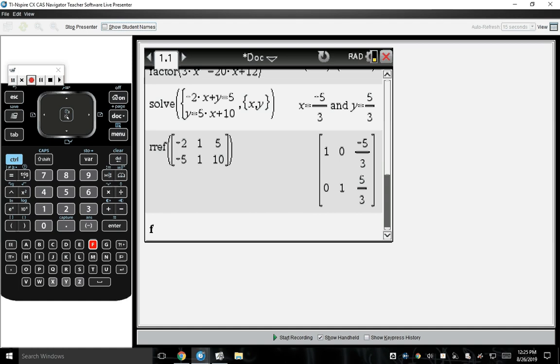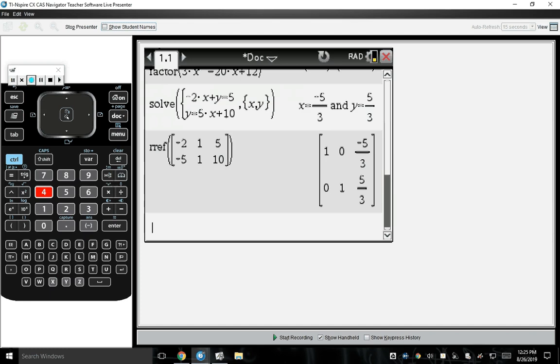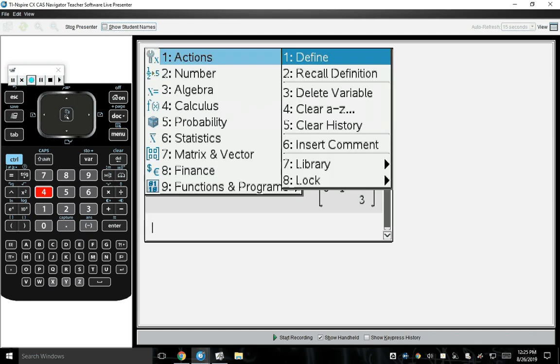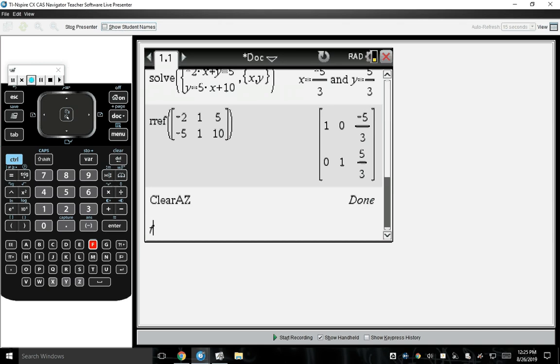And it's bolded because it's saving, or it's already saved. So if I want to take off all and clear all storage, menu 1 4, I'll do it again, menu 1 for actions, 4 for clear storage A to Z, and press OK. Now if I press F, it no longer is bolded because nothing is saved. And I know some of you like a clear calculator screen, menu 1 5.